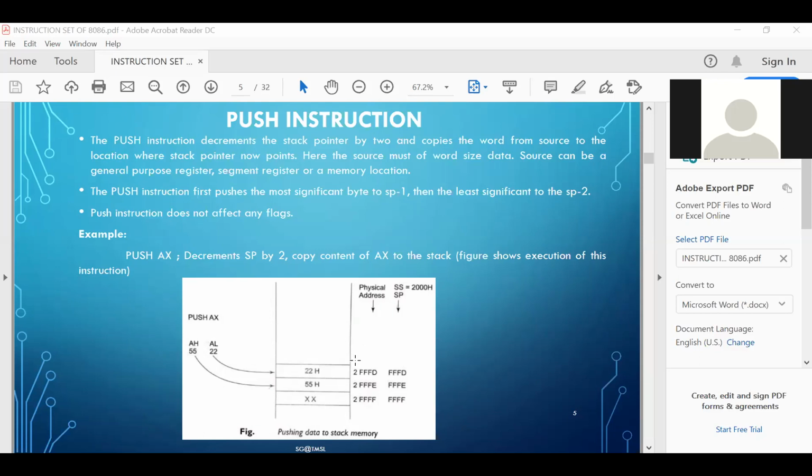Every time any data byte is to be stored inside the stack, the stack pointer memory location is decremented by 1 to store each 8 bits of content.